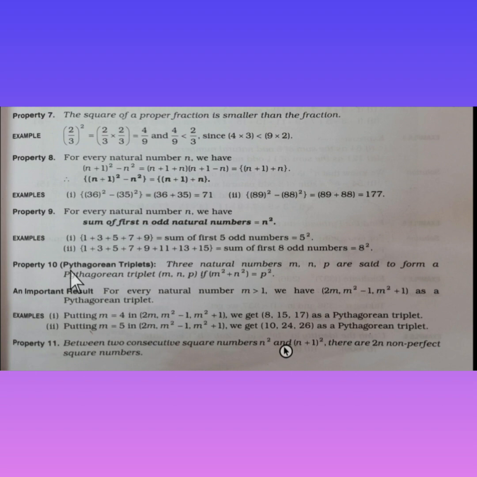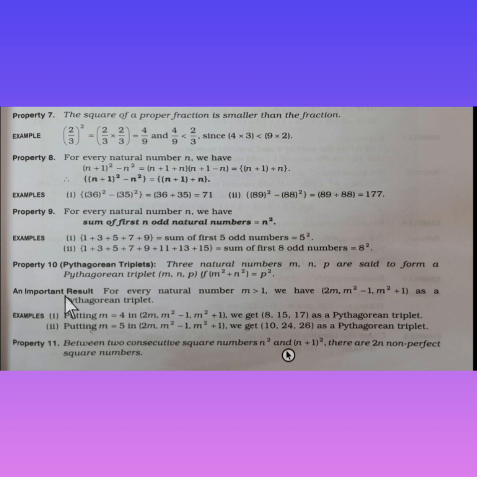Next is property 10. Property 10 is called Pythagorean triplets. Pythagorean triplet means 3 natural numbers m, n and p are said to form a Pythagorean triplet. Because there are 3 numbers, it is called a triplet. If m square plus n square equals p square, if it satisfies this property, then we say m, n and p are Pythagorean triplets.